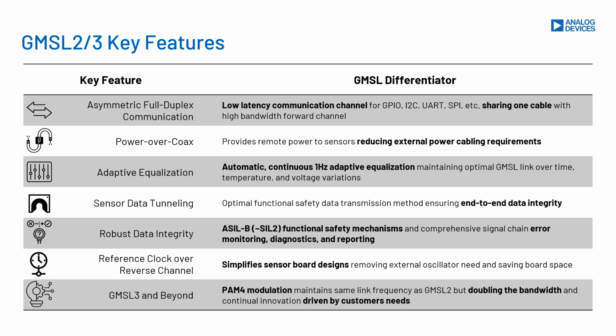The new GMSL2 and GMSL3 devices also offer a reference clock over reverse channel feature, or ROR, when you check some documents. So this means the serializer can generate a reference clock signal from the GMSL link from the deserializer.